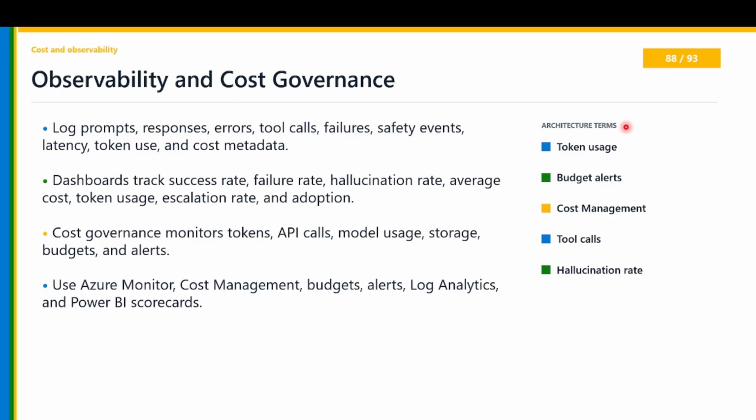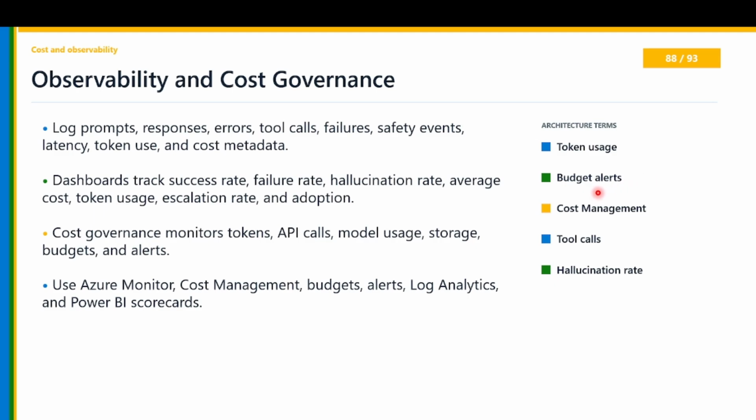The architecture term that you should understand here is token usage. Very, very important. Token usage enables you to measure total cost of ownership. You can determine the amount of cost that the LLM, the base model, is generating, so that you can quickly track it down and minimize it and keep it within the range of what is used. Then budget alert, so you can set a budget alert. Agents must never generate cost that they are not meant to generate.